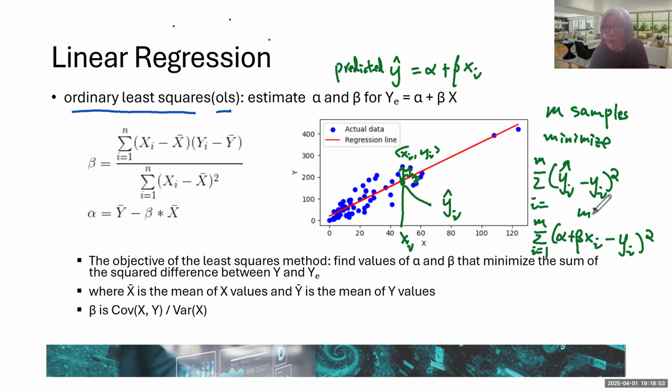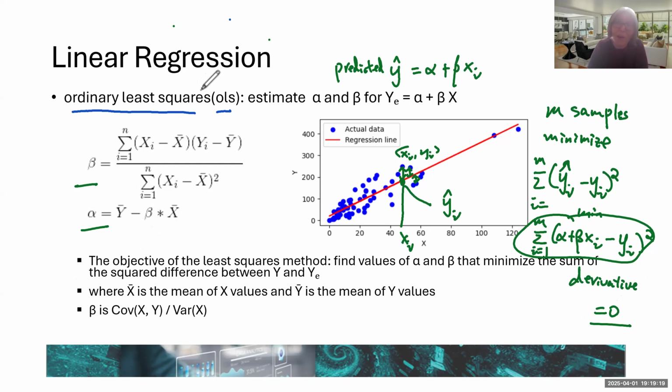To minimize it, you can take the derivative of this expression and set it equal to 0. Then we can figure out what alpha is and what beta is.